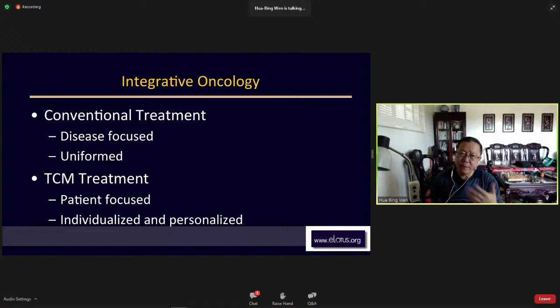So when you look at conventional treatment versus TCM treatment, conventional treatment is always disease focused. Okay, so pretty much all lung cancer, the treatment is all pretty much the same. Right now it's a little bit different because of immune therapy.